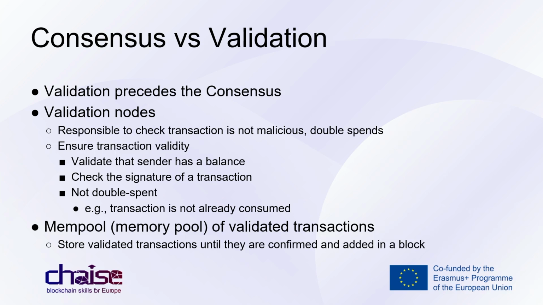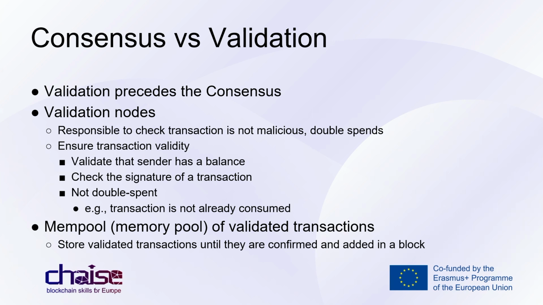For example, when a new transaction occurs, validator nodes perform a series of checks to make sure the transaction is valid. Validator nodes verify the sender has a balance before they add the transaction to a block. They check the transaction is legitimate, for example by checking its signature. If it is invalid, the validator will ignore or discard the transaction.